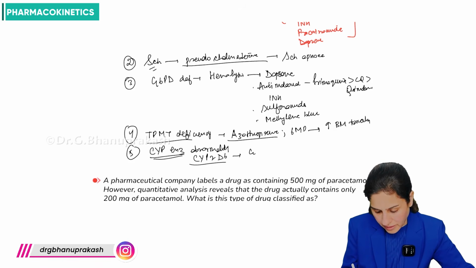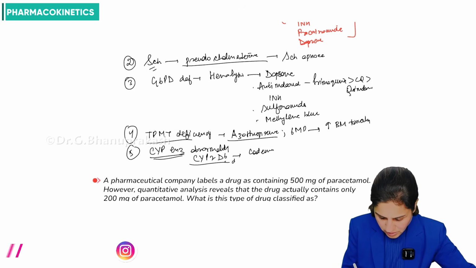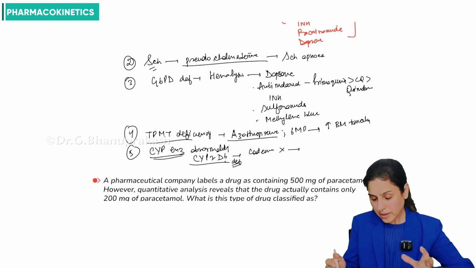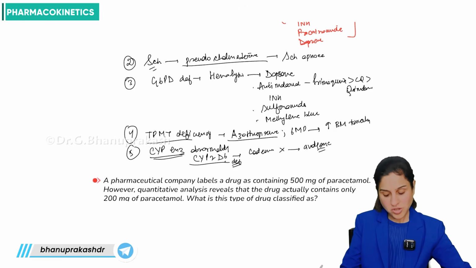Codeine gets activated to morphine with this. Now if there is a deficiency, then codeine will not get converted. It's a prodrug. It has to get converted into morphine. So it will no longer be converted into morphine, so it will not have any analgesic action, right?